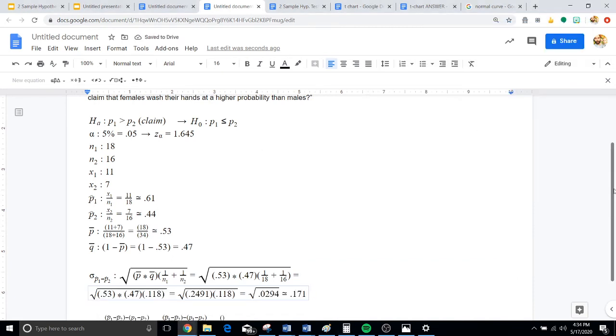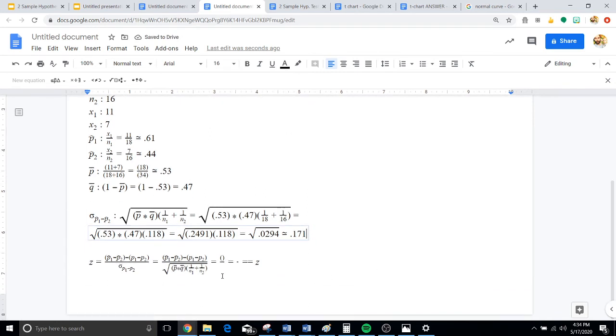All right, we have our standard error, which is great because that took up most of the equation. The rest is actually pretty simple. So what we can do is take this and just replace all of this, which is what we just found, with 0.171.